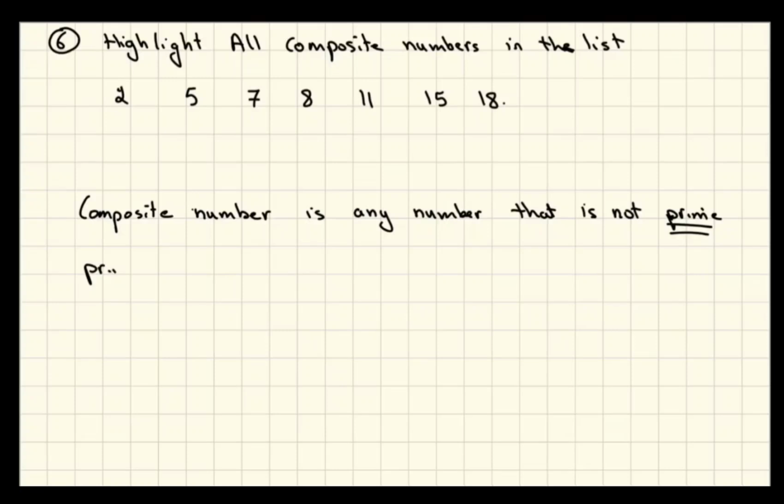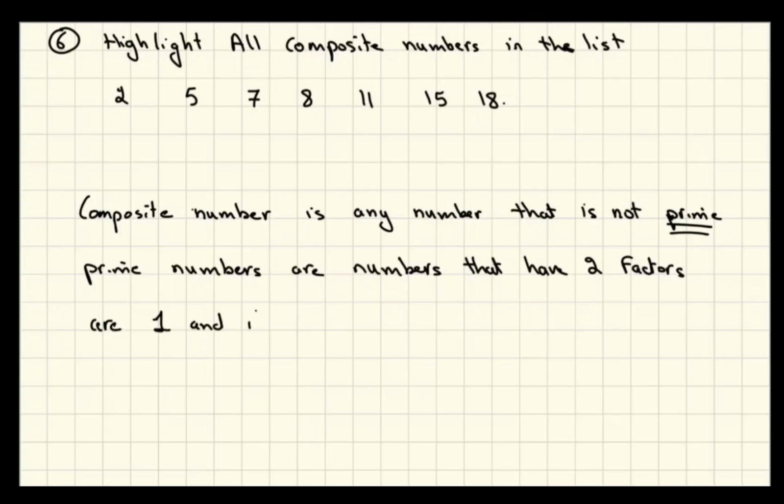Prime numbers are numbers that have two factors. When I say two factors, the two factors here are 1 and itself.